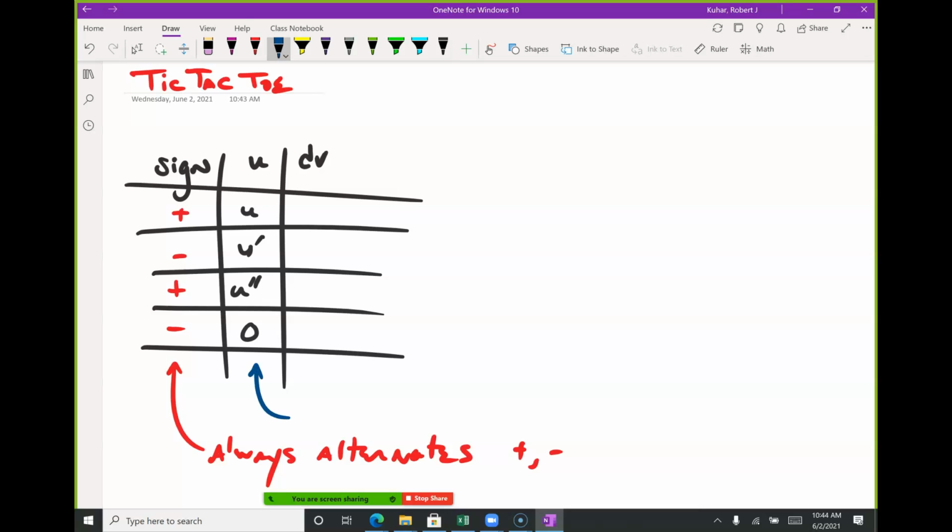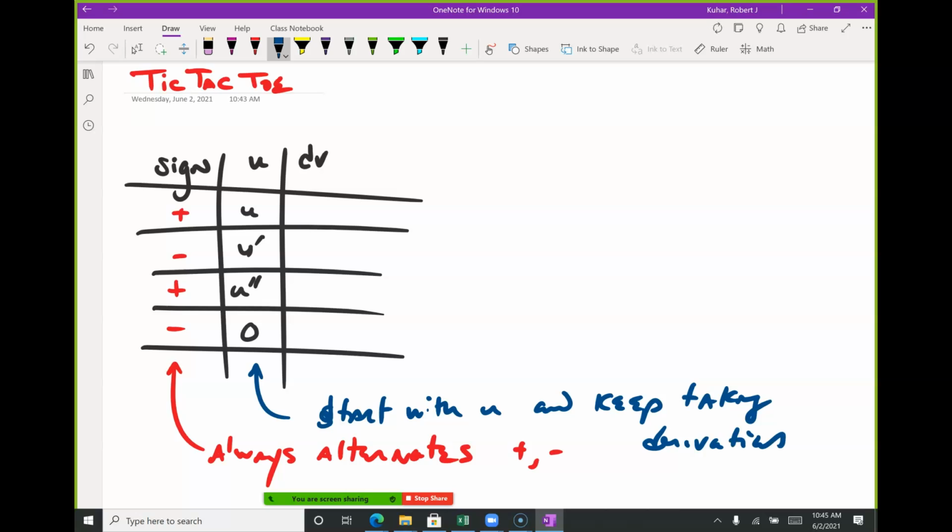So you're going to do derivatives, start with u, and keep taking derivatives until u to the n is 0, right? The nth derivative. It's not like u squared. It's u triple prime, u fourth prime, u fifth prime, right? nth derivative. And then here we're going to integrate.